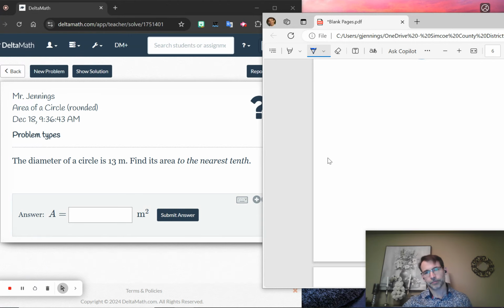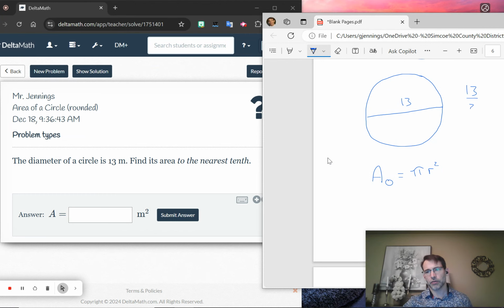So here, first step is draw a diagram. Can you believe it? First step is always the same, so easy. Okay, 13 meters is the diameter. I draw the diameter. Oh, wait, I only have this formula: area of a circle is equal to pi multiplied by the radius squared. It gave me the diameter and I need the radius. So here's what I do.